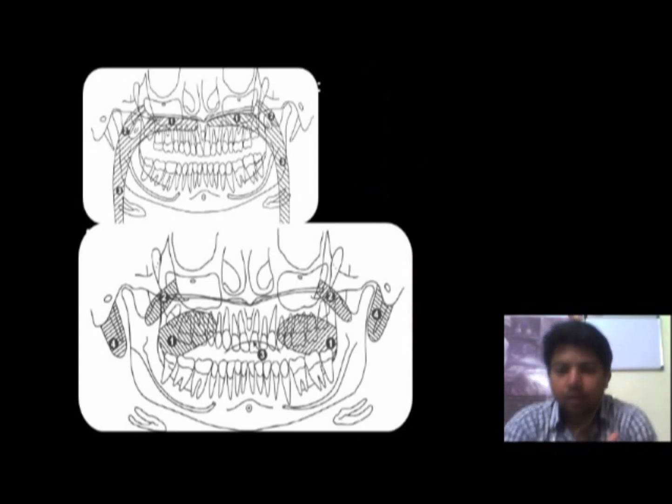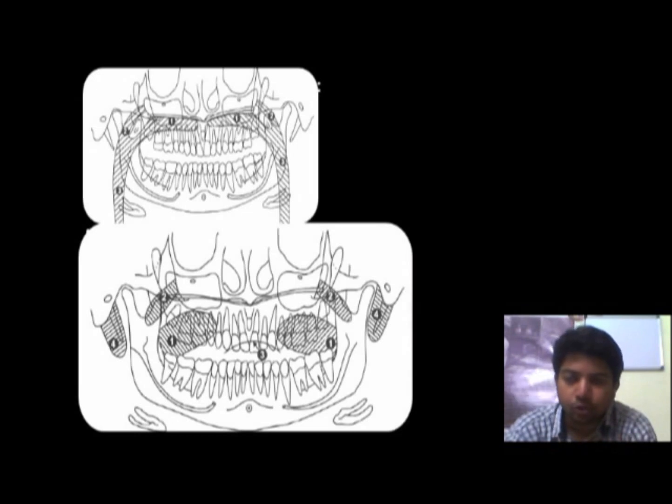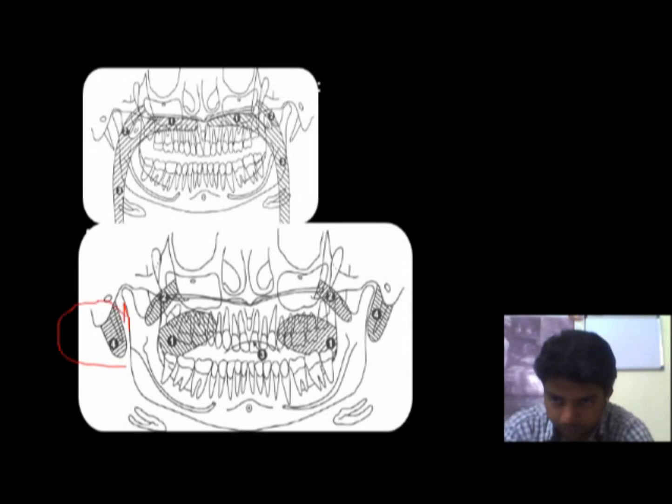In orthopantomography, we not only see the hard structures but also the shadows of soft tissues. If we see here, we can see the ear lobule, here we can see the shadow of the tongue, and the shadow of the soft palate.